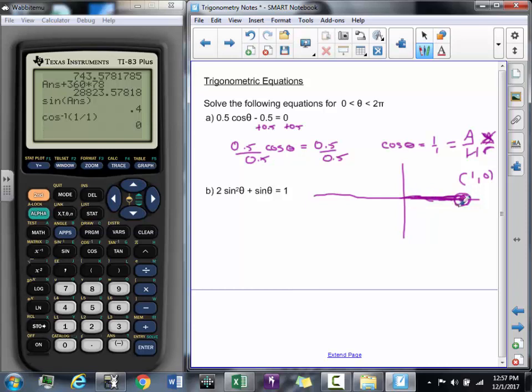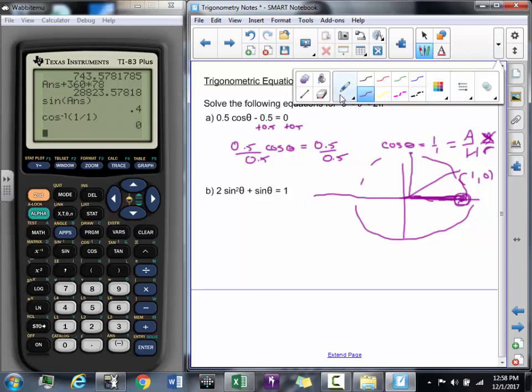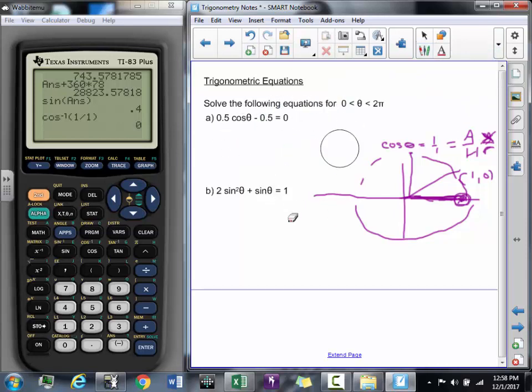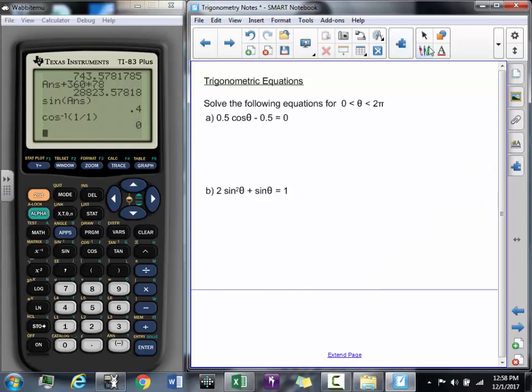But my radius is still 1, right? Because as I'm going around the circle, wouldn't the radius still be 1? So if I ask you how many degrees did you rotate through to get to there, the answer is you didn't. So to solve this equation, I shouldn't have started with a trick one on the first one, I don't think. But the answer is a 0 would do it. Okay. When would the next time this would work be?